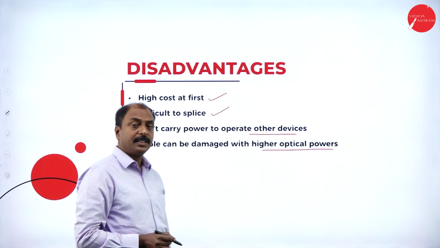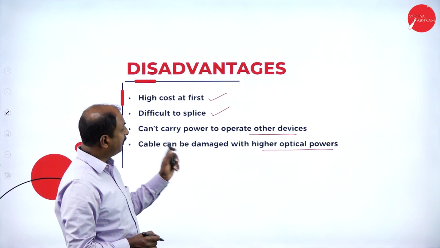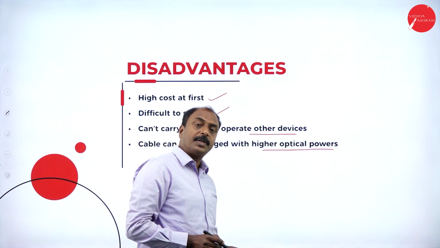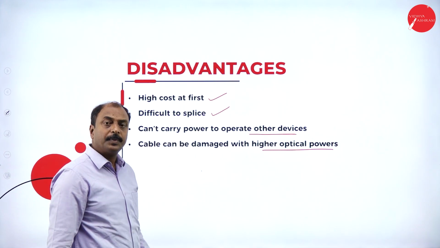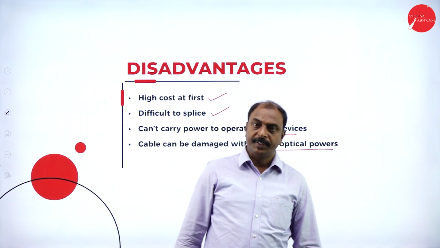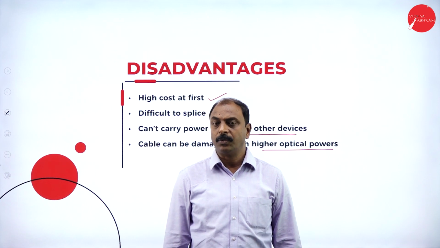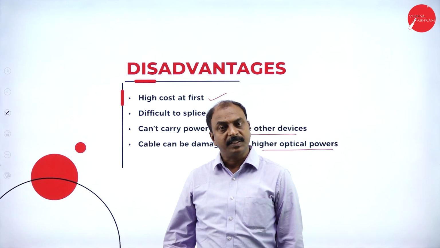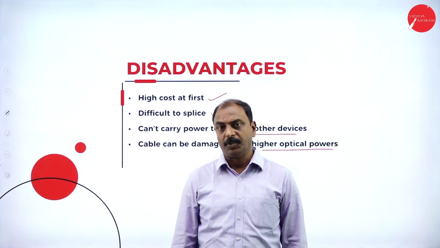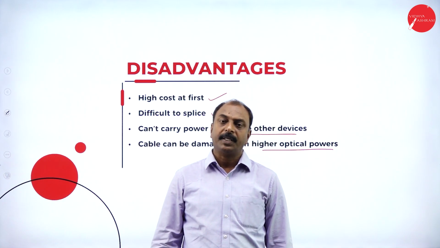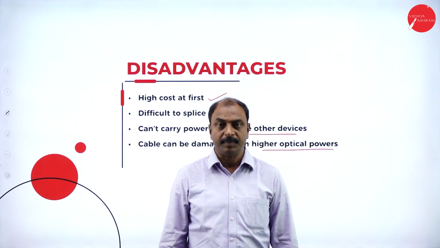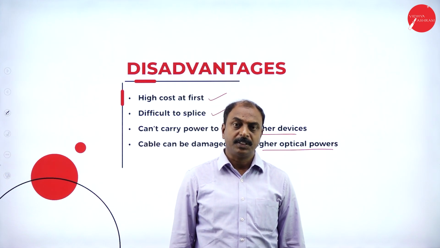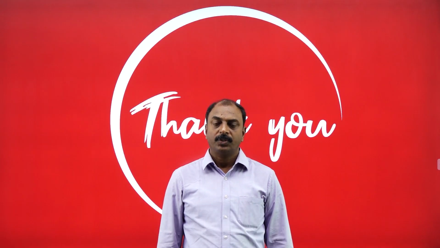This is the disadvantage of optical fiber cable. Students, so far we have discussed the guided media of transmission in a network or in communication: twisted pair cables, coaxial cables, and optical fiber cables. Now let us continue our discussion in my next session. Thank you very much.